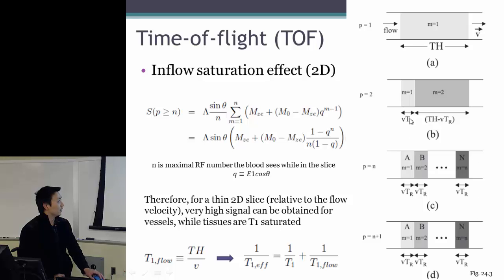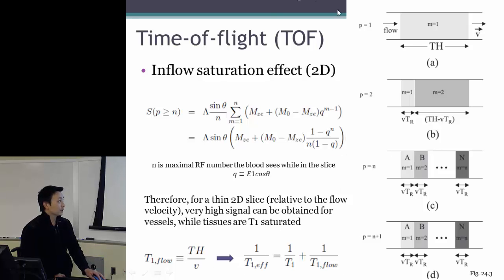But the tissues outside will always be seeing n RF pulses. Because they are static, they are all saturated, so they will have a very low signal.